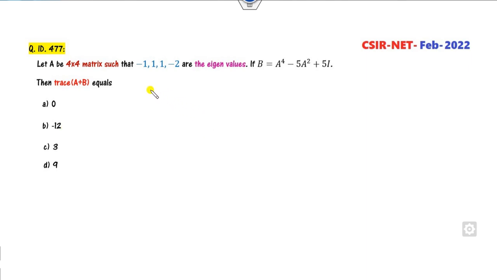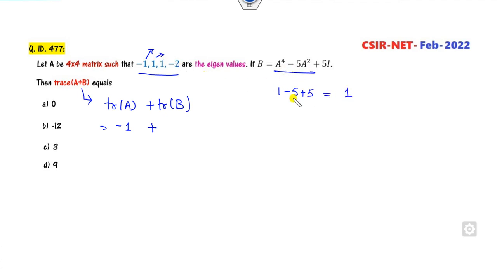Okay, this is a 4 cross 4. A has eigenvalue this. How can you open that? Trace of A, trace of B. What is the trace of A? Minus 1. How can you find the trace of B? Eigenvalue of A is minus 1. So 1 minus 5 plus 5 is 1.